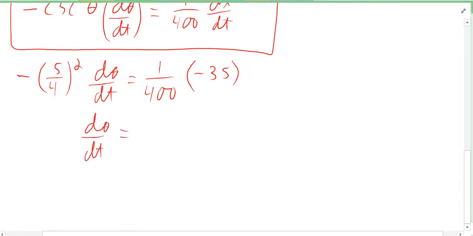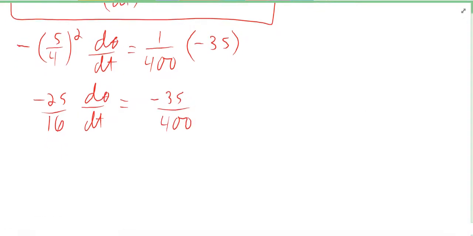Squaring this gives us 25/16, and it's negative. Over here, we have negative 3.5/400. We can reduce these if you want.